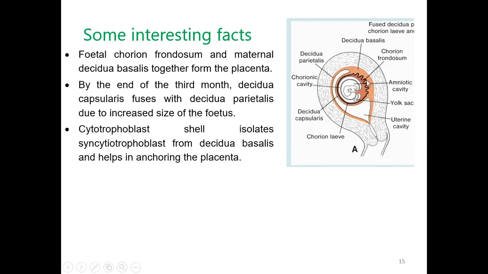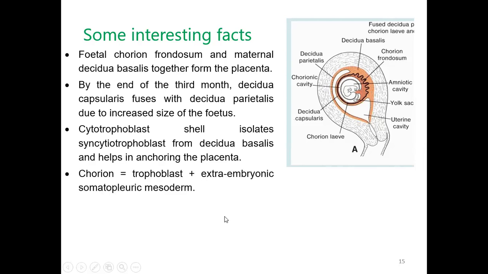Then the cytotrophoblastic shell isolates the syncytiotrophoblast from the decidua basalis and helps in anchoring the placenta. We already know that anchoring villi have a cytotrophoblastic shell outside them, so it will anchor to the maternal endometrium.